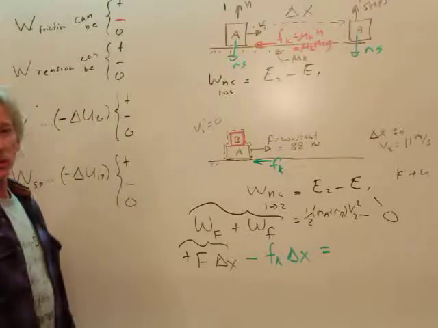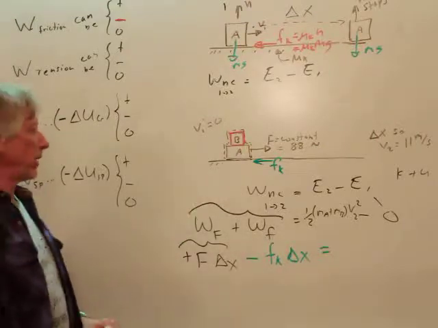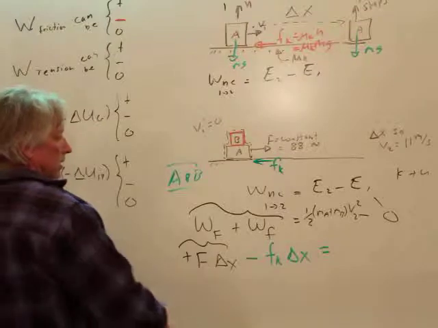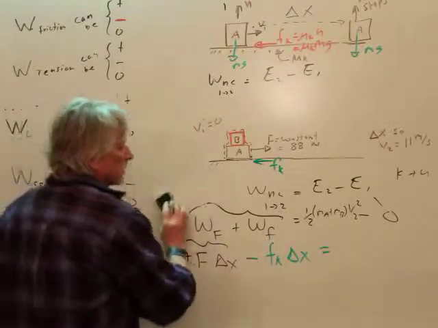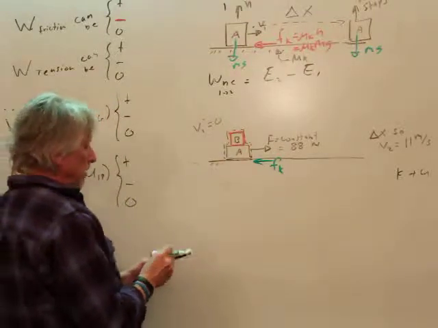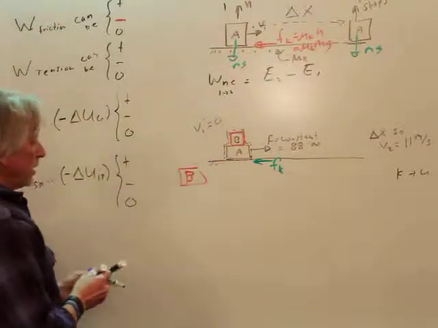Now, another question is interesting. What about B? If I just look at B, so that's looking at the combined one, A and B, always good to note what you're doing, and then move on over here. So let's just look at B. I'm going to look at object B and say, hey, what's going on with B?